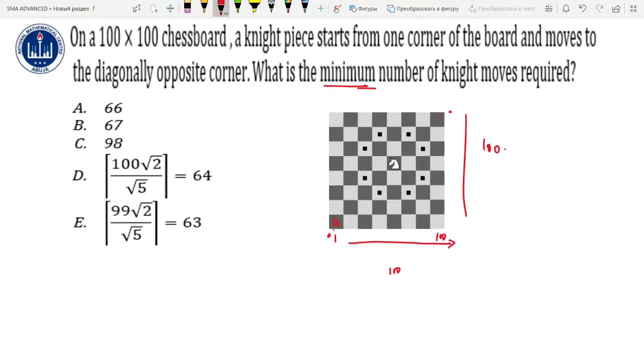That is meant to be equal to the horizontal difference from the last, 100th column to the first column, so that would be 99. So its net horizontal movement should be 99, and similarly, its net vertical movement should also be equal to 99.